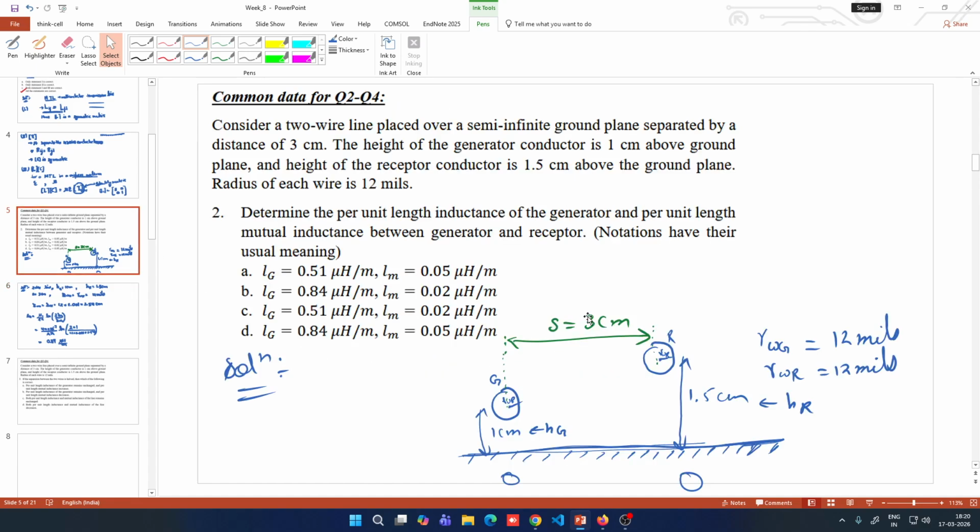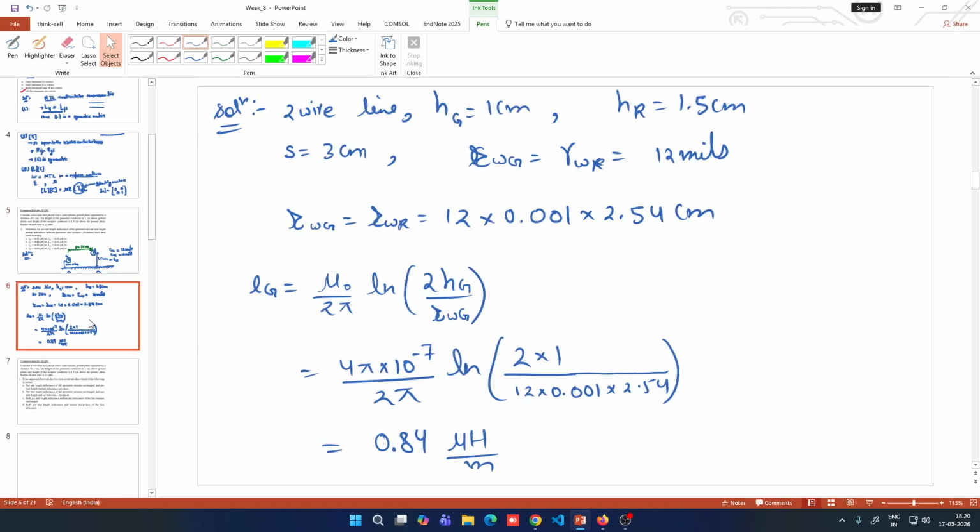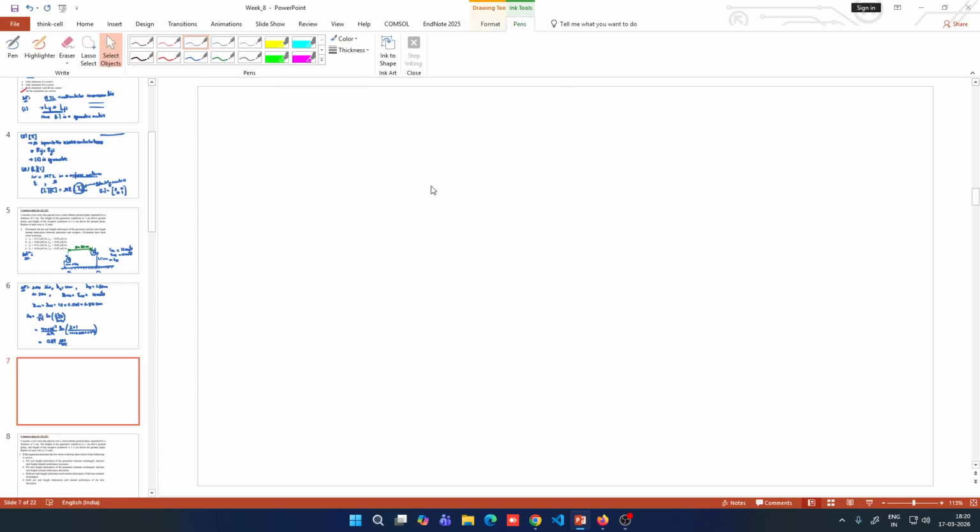Now, in the next part of the problem, we have to find the per unit length mutual inductance between the generator and receptor. The inductance of the generator was Lg. Now we have to find Lm, which is the mutual inductance between the generator conductor and the receptor conductor.